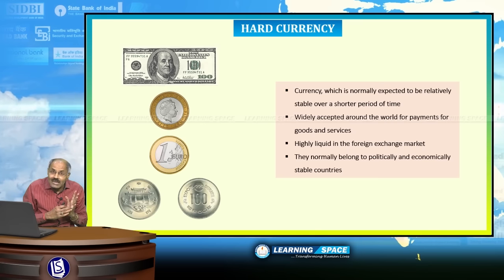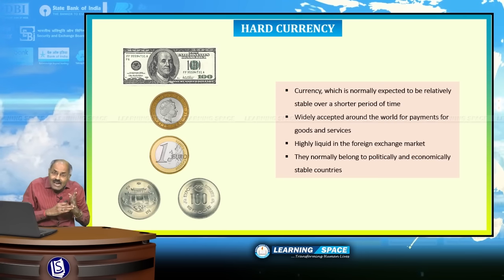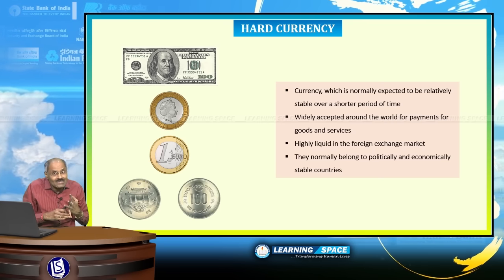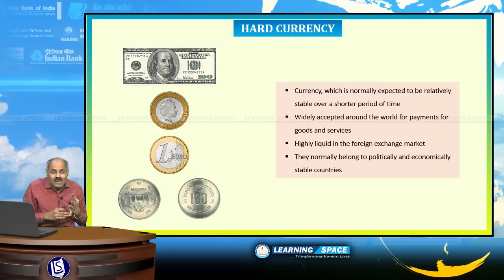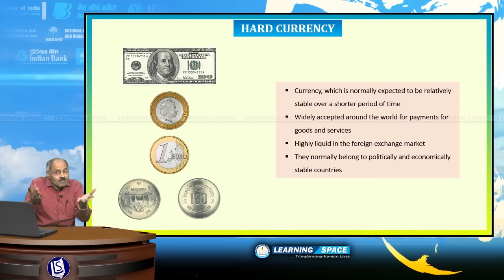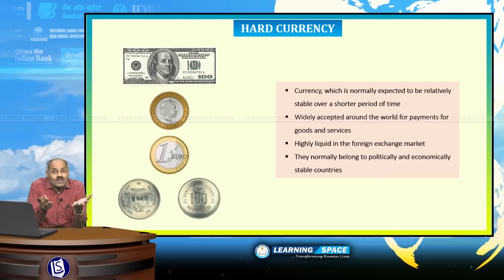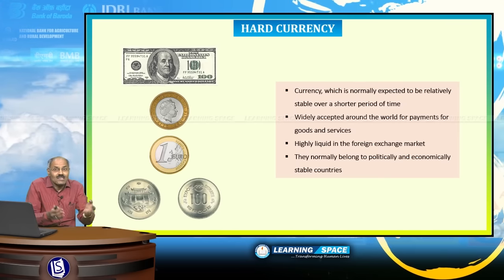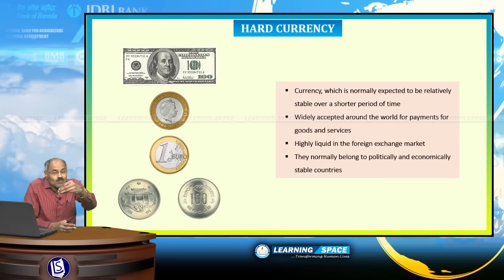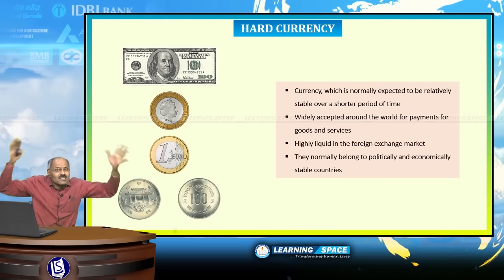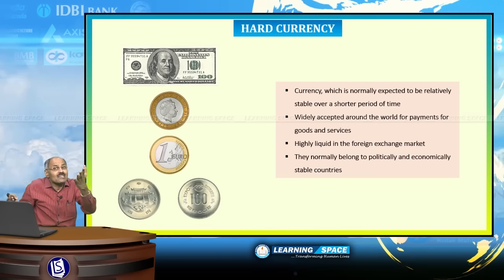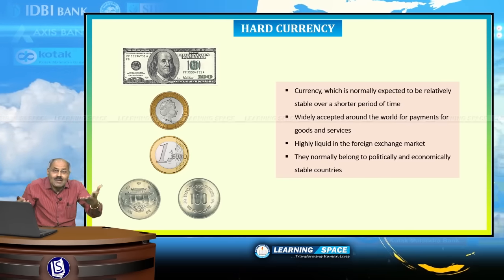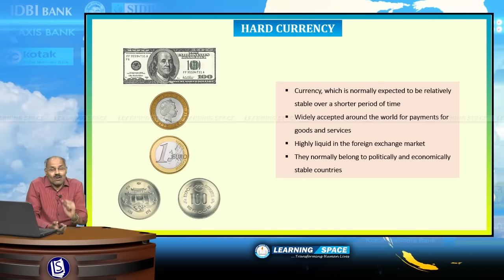At present United States dollar, euro, yen are considered to be hard currencies, and more than 60% of the world's transactions take place in United States dollar. So if you want the best example of hard currency, that is United States dollar.